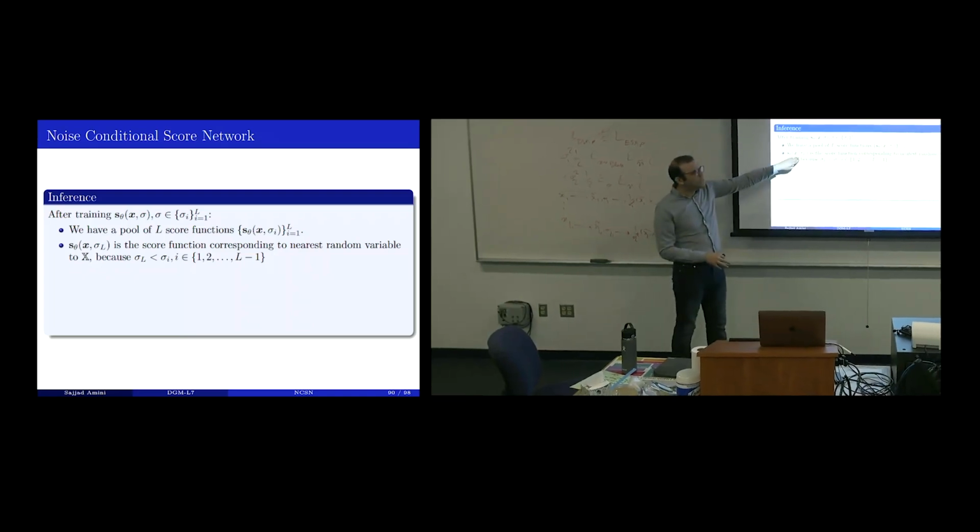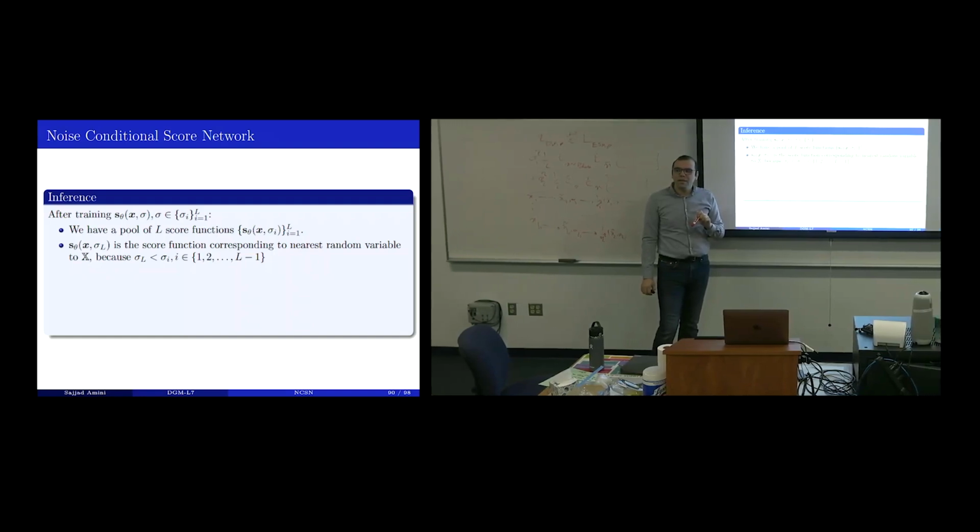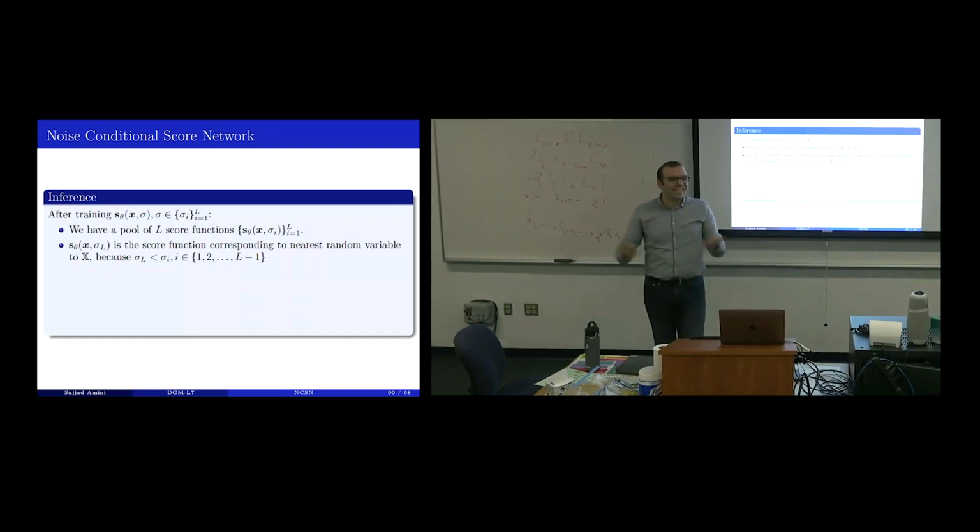What happens if we use this one? Assume that I put aside all of them and just use this one. What's the challenge? I use the denoising score function of the least noisy version. What is the problem? Exactly, the three challenges.